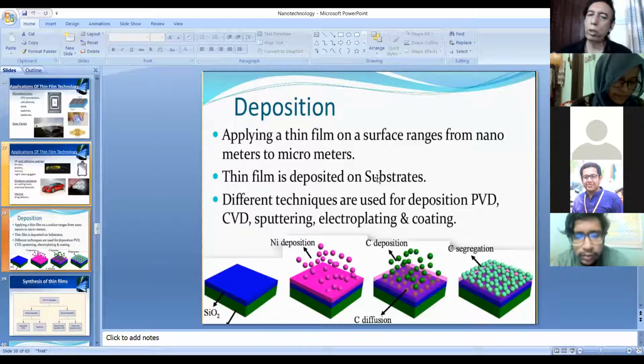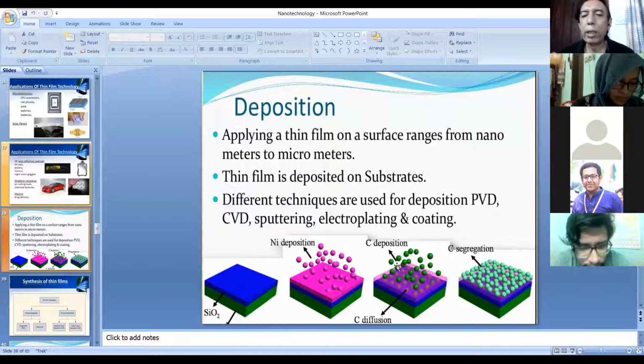What is a substrate? That on which the thin film will be grown or prepared is called a substrate. Here you see the green thing is known as the substrate, and upon this green substrate, the thin film has grown.